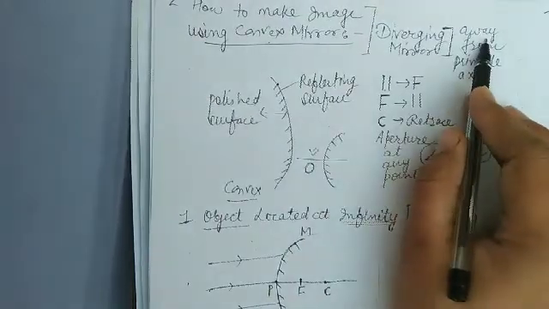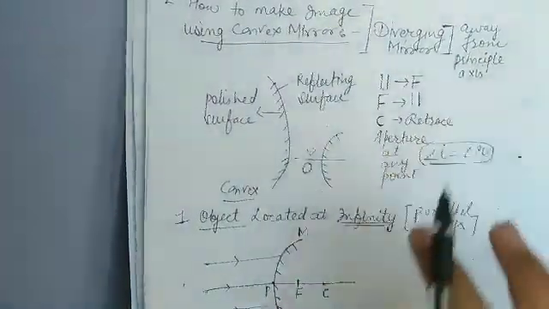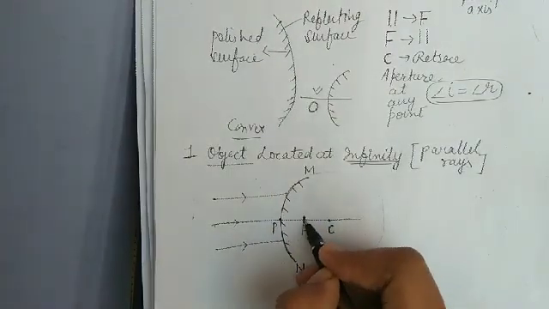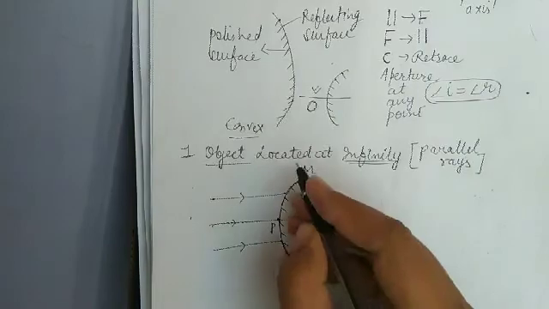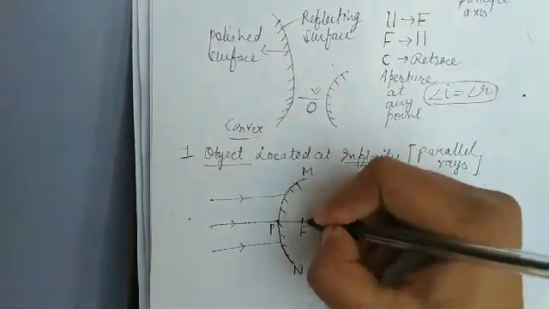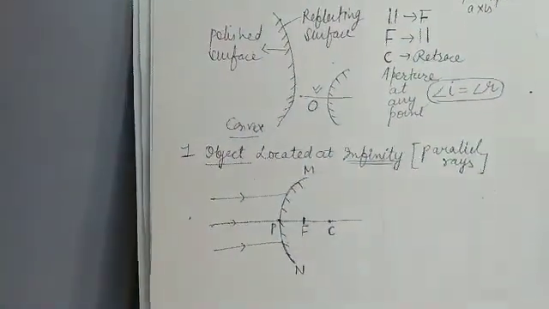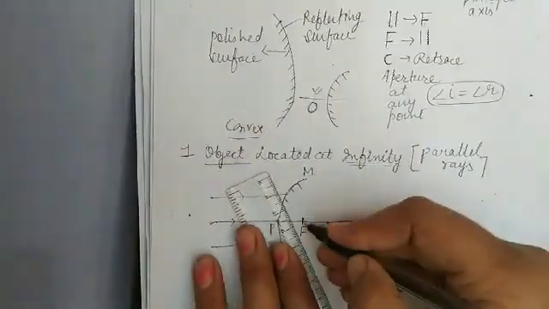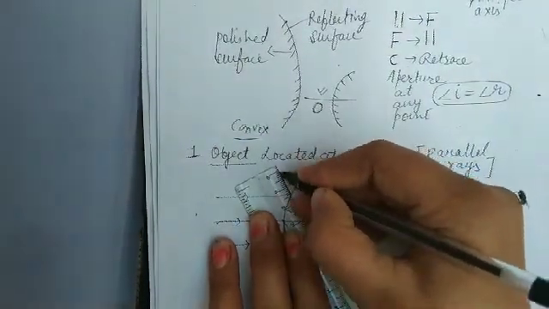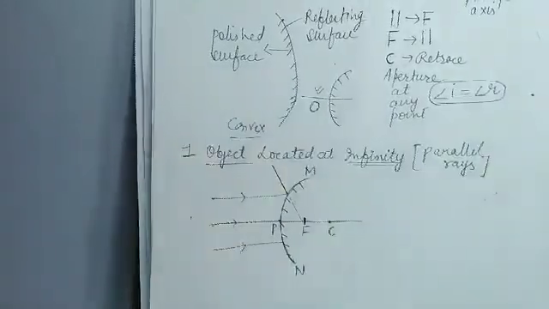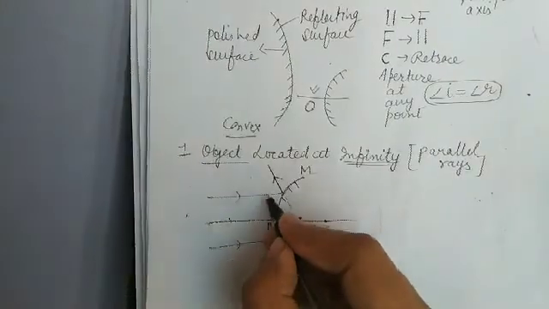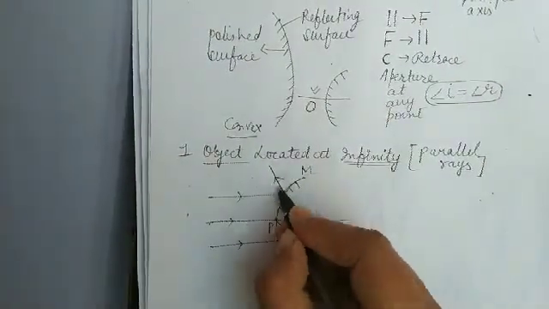So rays will move away from the principal axis. It means they will not move towards this, they will move away from the principal axis. They will appear to us as if passing through the focus. So what will you do? Using a scale you will join these two points, you will join these two points in this way. Okay, it means what? Rays are appearing to pass through the focus.